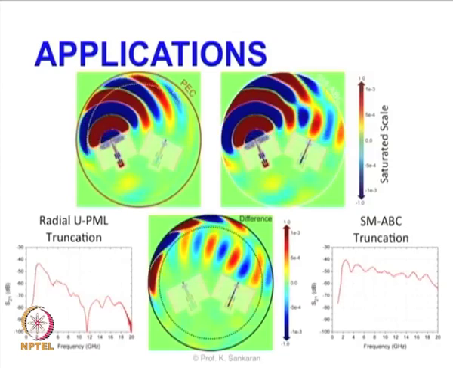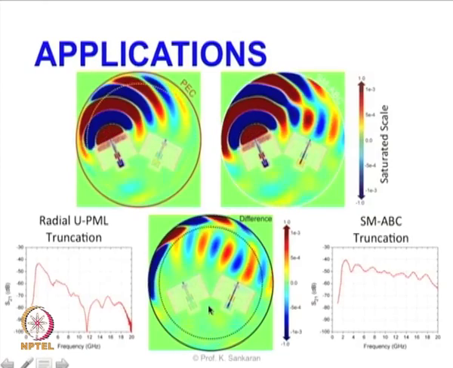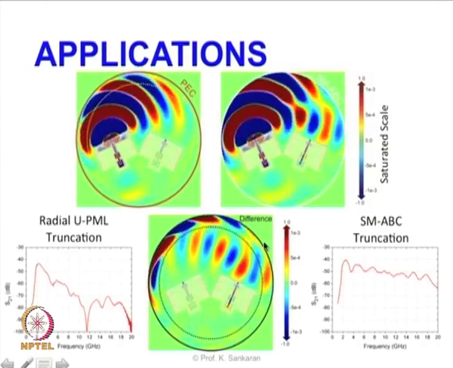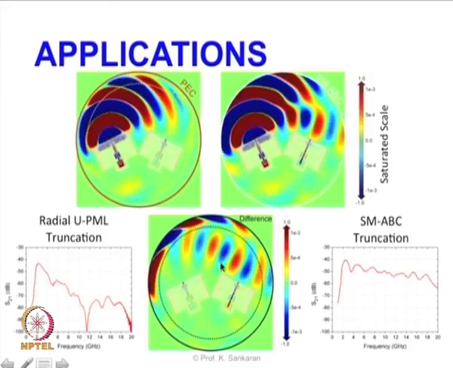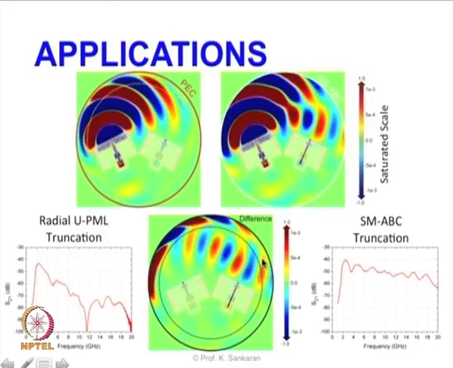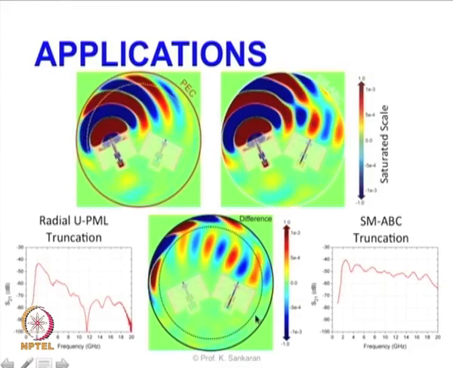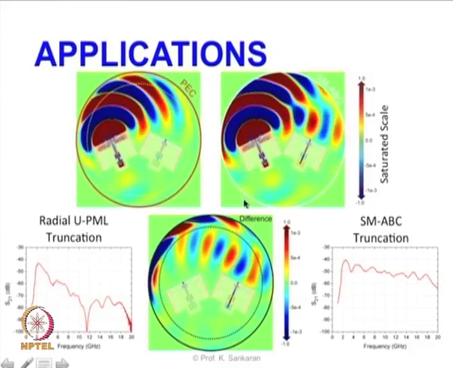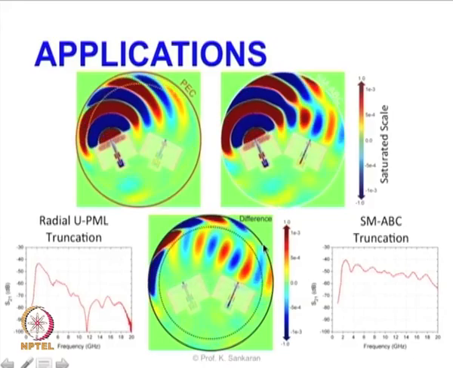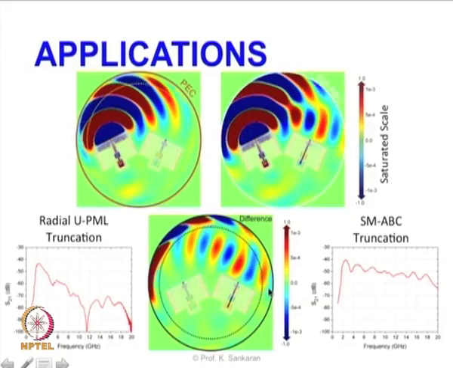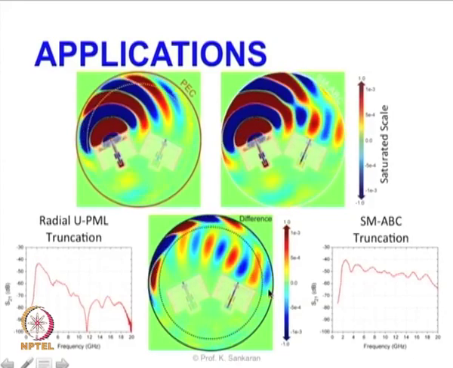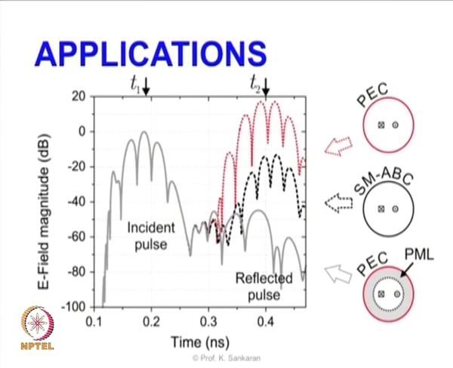In the example you are seeing on the slide, this is the difference between the bigger model and the smaller model, and I am also getting some kind of reflection, but there is a very good way to see the performance of the PML and how much of the wave is going to be reflected. We are seeing 2-3 things.